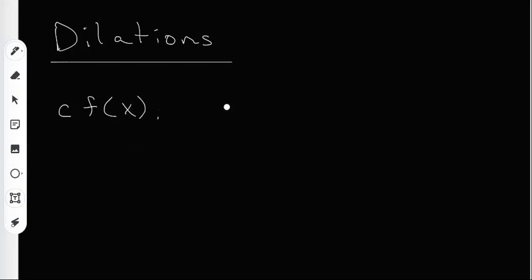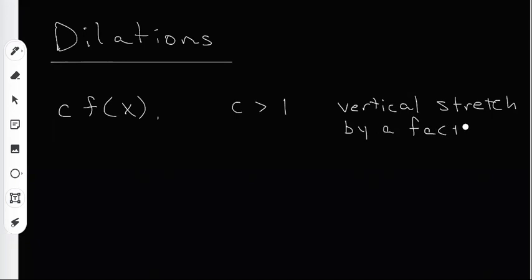Well, if c is greater than 1, that means you're doing a vertical stretch by a factor of c.